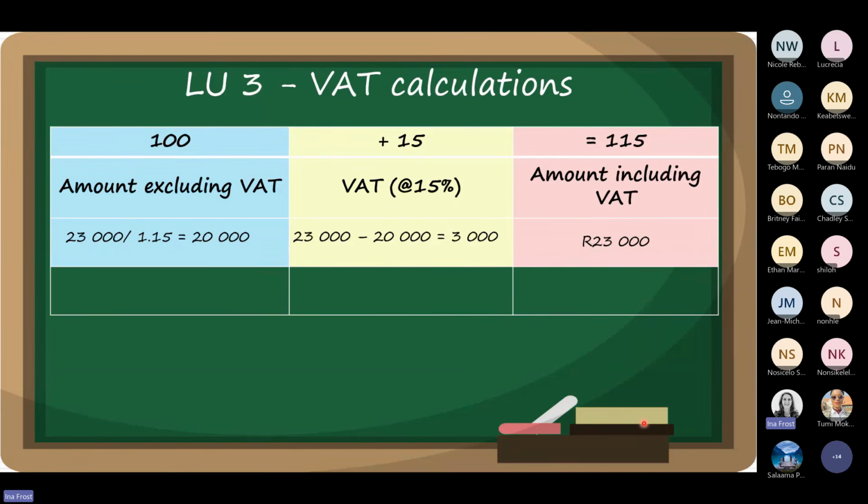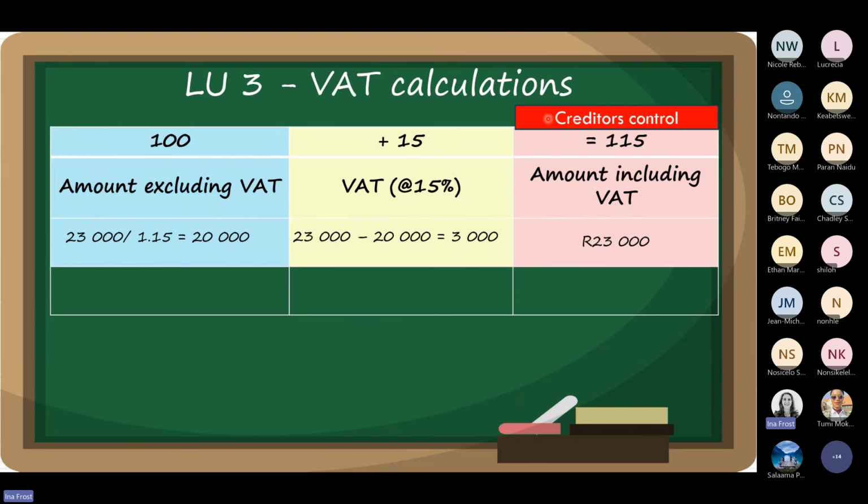In Learning Unit 3, we often let you do calculations like this, where you had to complete a table like this, where you had to calculate amounts excluding VAT, VAT, and including VAT. And the reason we asked you to practice tables like this was to prepare you for journals like the Creditors Journal, and to show you that is the amount including VAT.